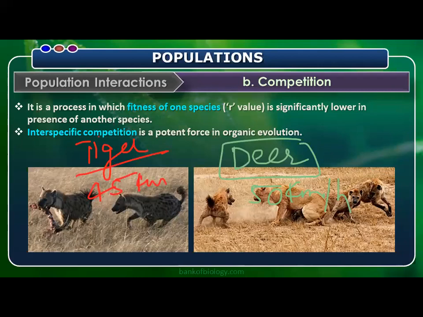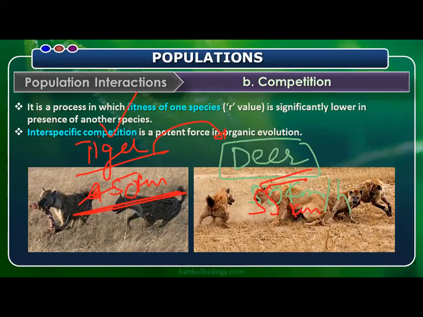Can it hunt the deer? No. That's why it has to increase up to 50 kilometers per hour. So that means it improves. Then what should the deer do? Those deer who increase their speed up to 55 kilometers per hour can escape from the tiger.